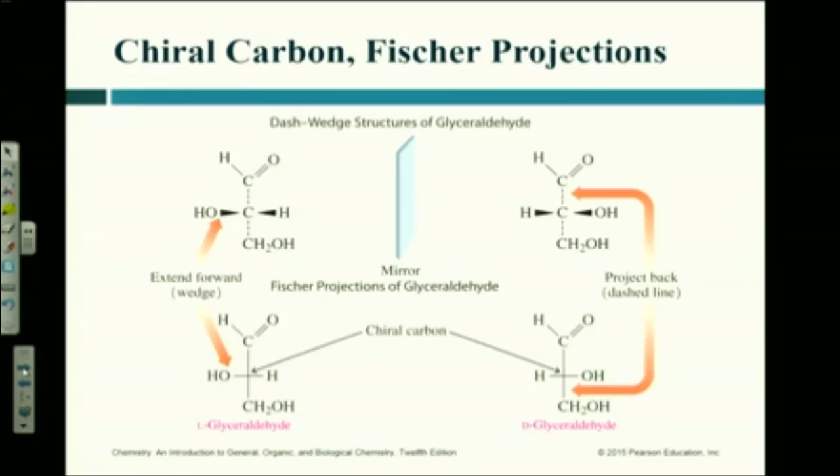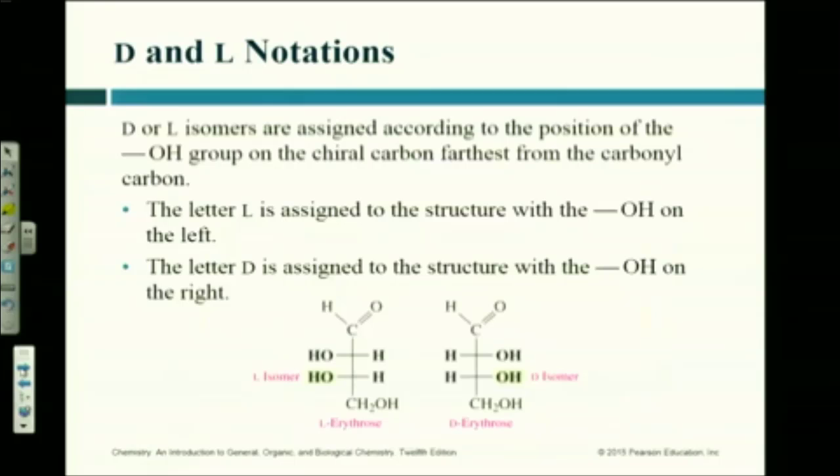And you say, what difference does that make, Dr. Powell? Why are we doing this? Well, when we look at these stereoisomers, here we have erythrose, with our carbonyl carbon up here. This is a chiral carbon. These two molecules have the same molecular formula, but look at what's different.